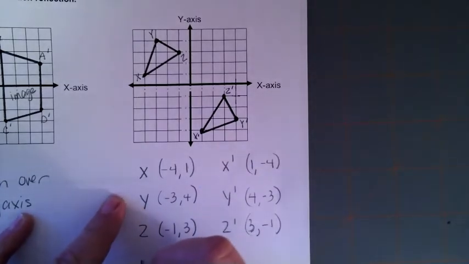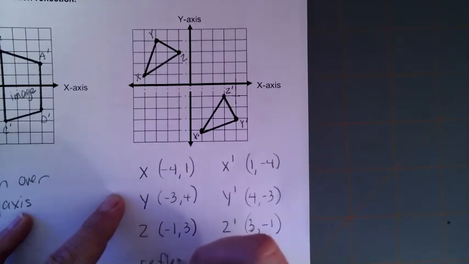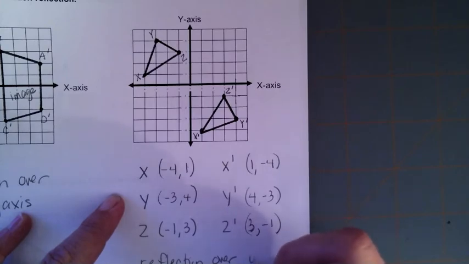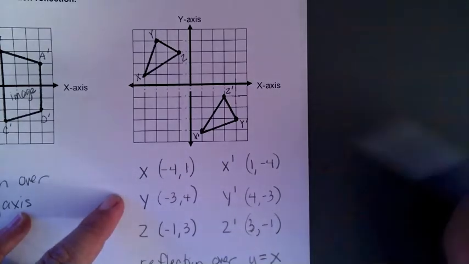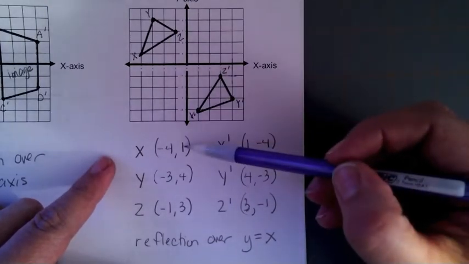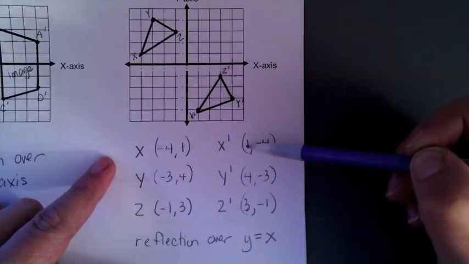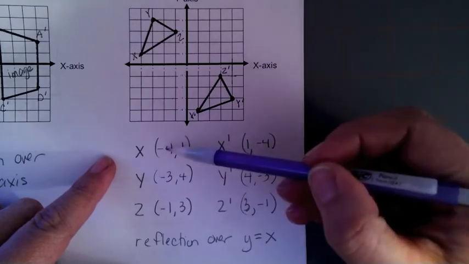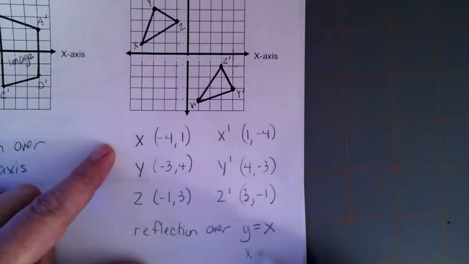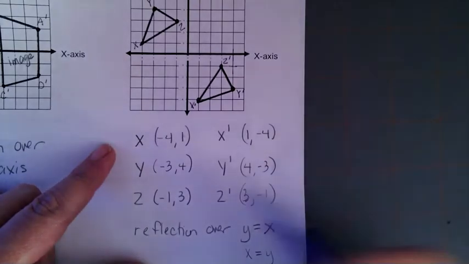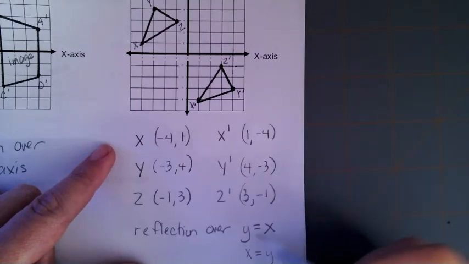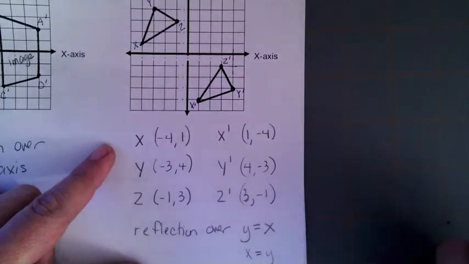So this is a reflection over the line y = x. And what this means is that every y value has now become the x value, or in essence, x = y if you wrote it the other way around. Usually you write our lines in y equals form, but x = y would mean the same thing. So they've just basically flipped spots. Well, if y = x, that means that they're the same numbers in essence.